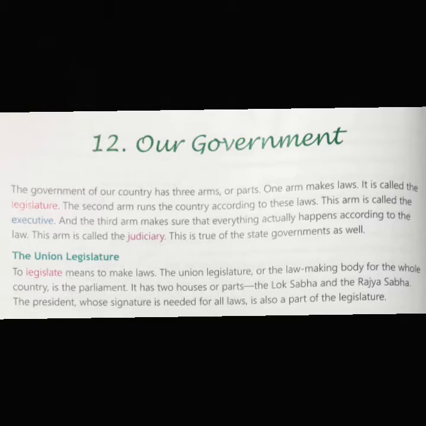It's clear that the government in India performs three major functions: makes laws, carries out laws, protects the laws from being broken, and resolves disputes in accordance with the laws. These functions are performed by the three branches of the government: legislature, executive, and judiciary.